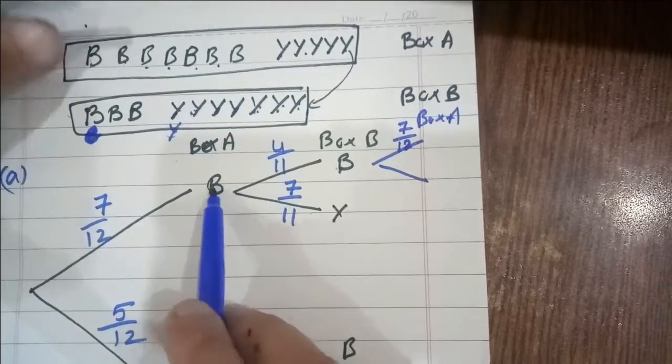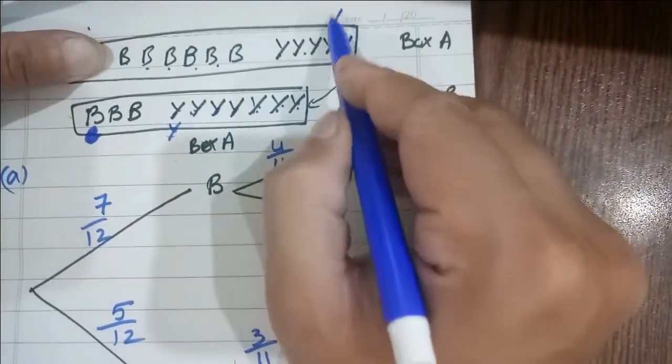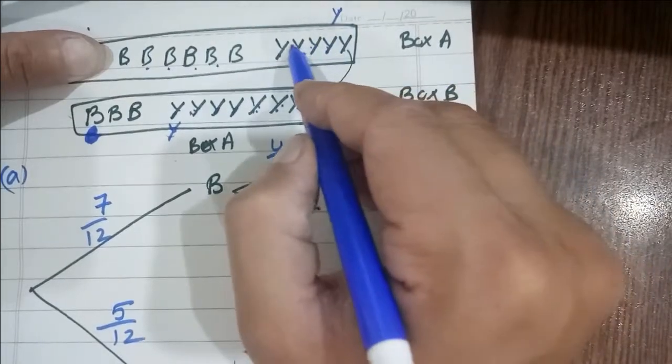And if blue taken and yellow added, so there will be another yellow here, 1 2 3 4 5 6.